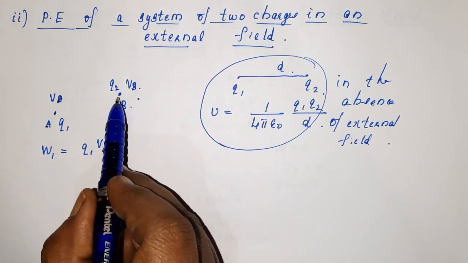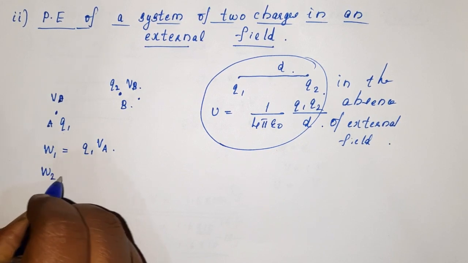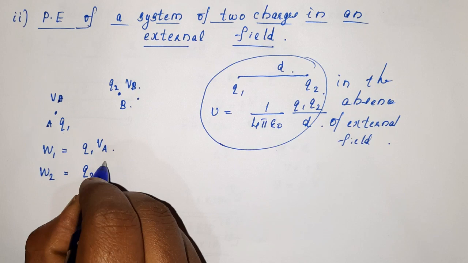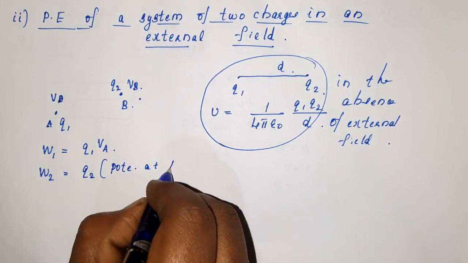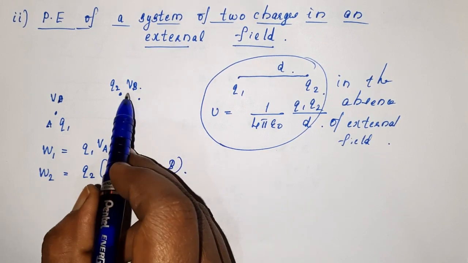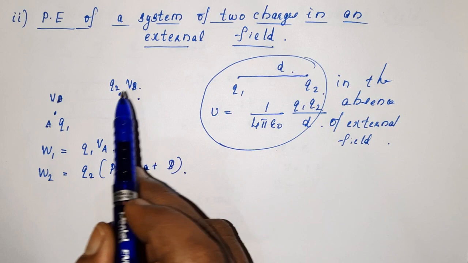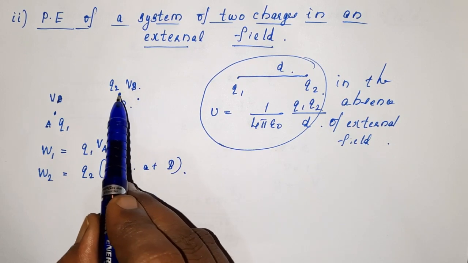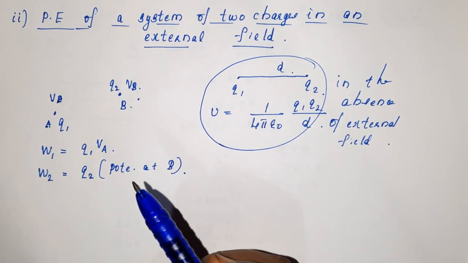Now, what is the work done in bringing Q2? That's what we need to find. So W2 equals Q2 into the potential at B. I am not writing VB, because VB is the potential at B due to the electric field. But you see, at B, this charge Q1 also will be producing a potential.